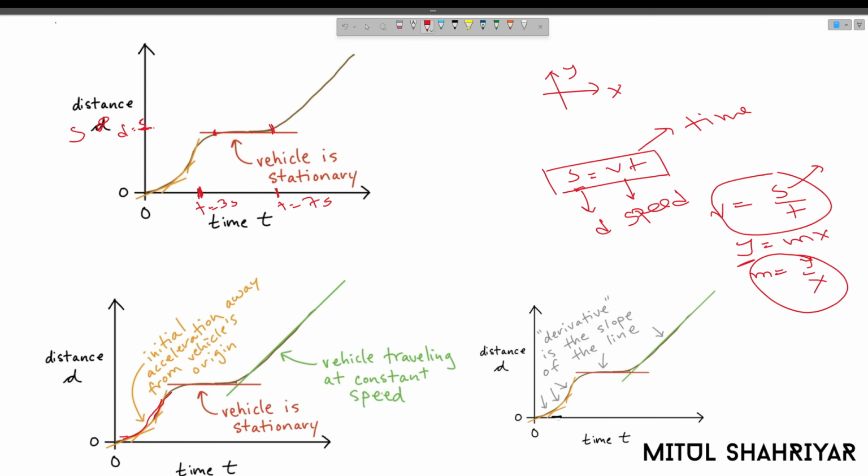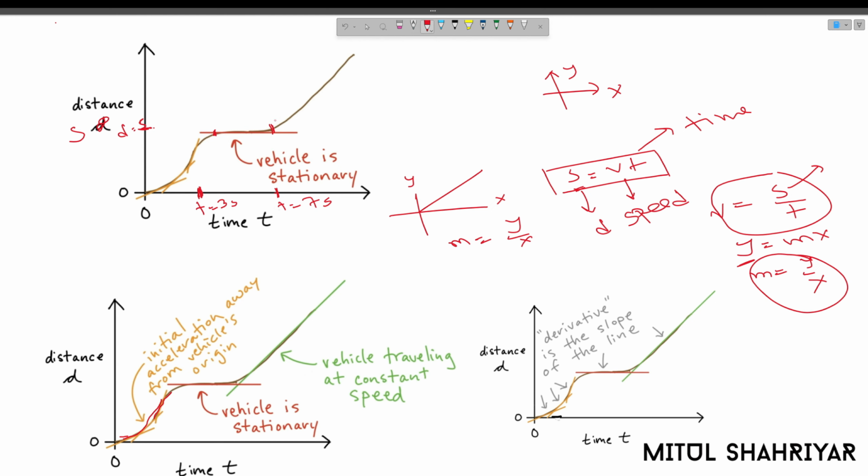Now why is it constant? Because m equals y by x, and if that is fixed, obviously we'll have a linear line.